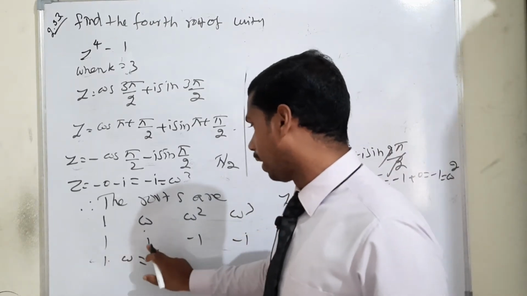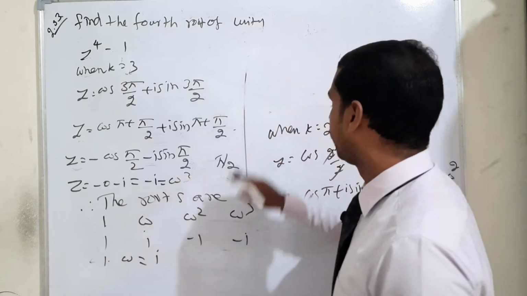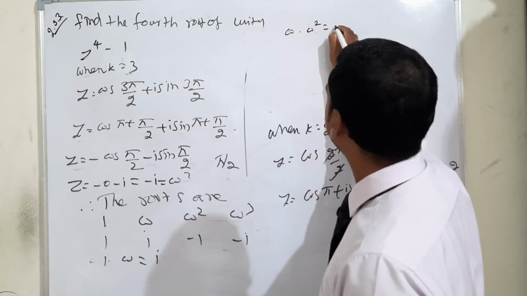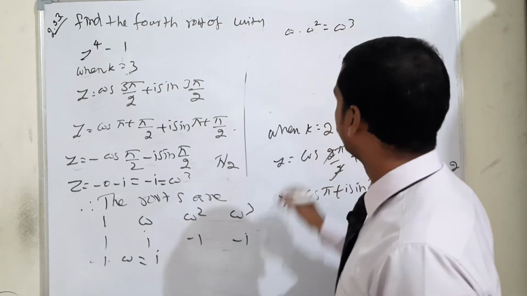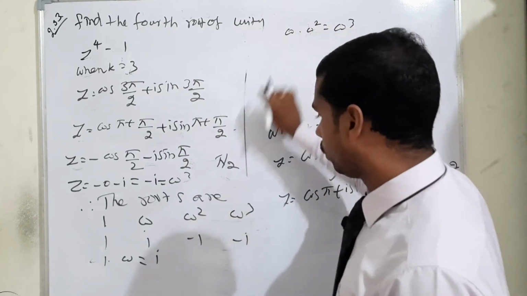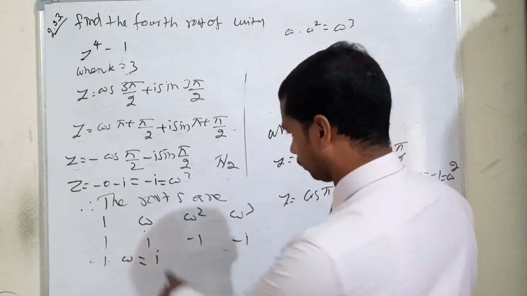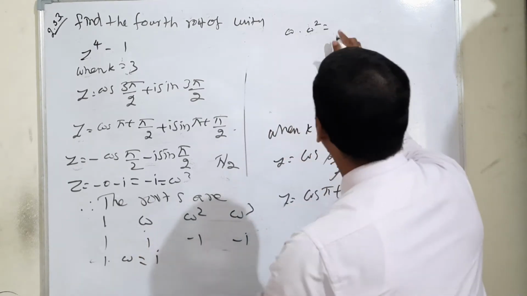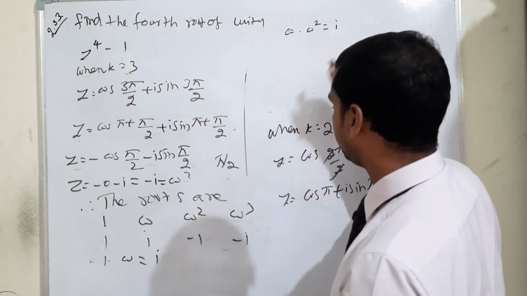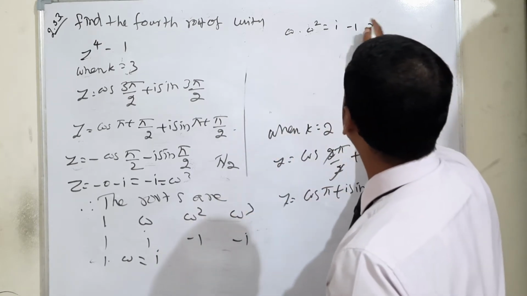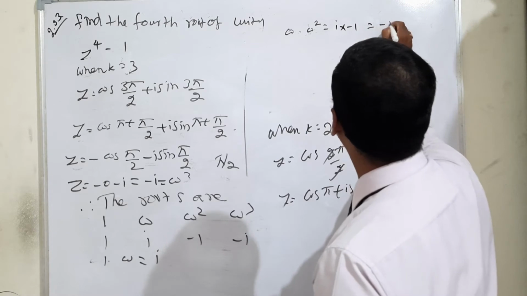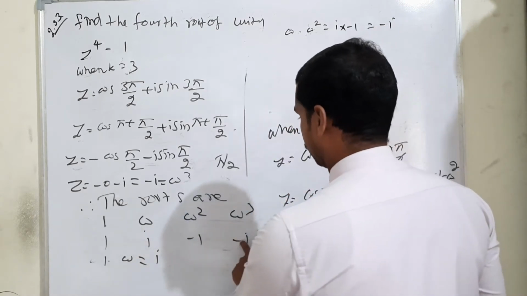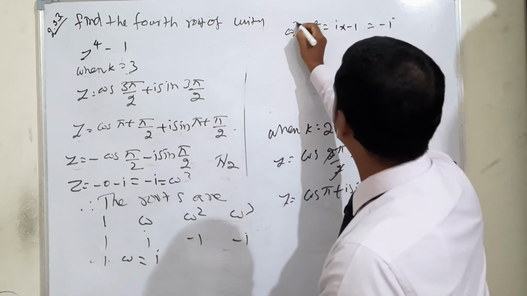Omega value is i, so omega into omega square means omega cube. We can write it now: omega value is i, then omega square means minus 1. Therefore minus 1 into i means minus i will come. See, it's the next part. The minus i, the last one will come, because of omega into omega cube.